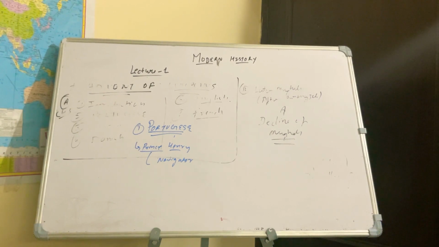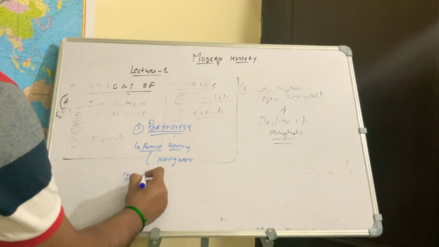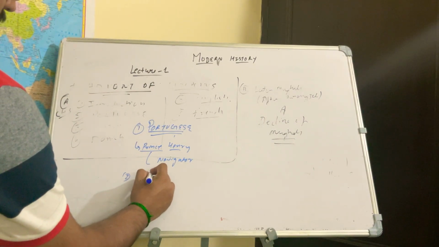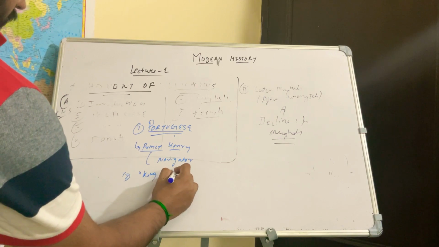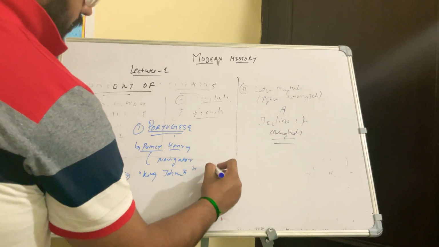Next point. During the regime of King John II, a sailor, Bartholomew Diaz, crossed the Cape of Good Hope.